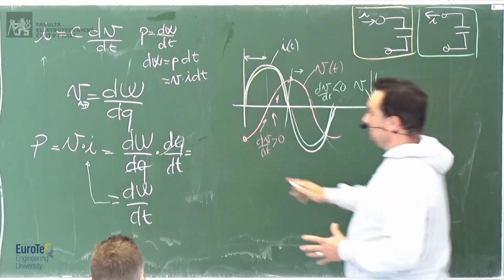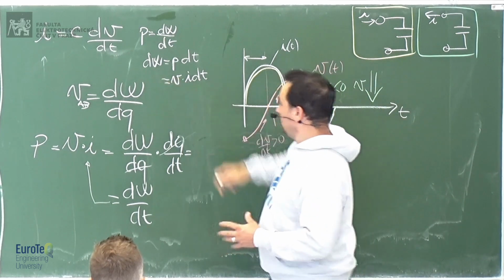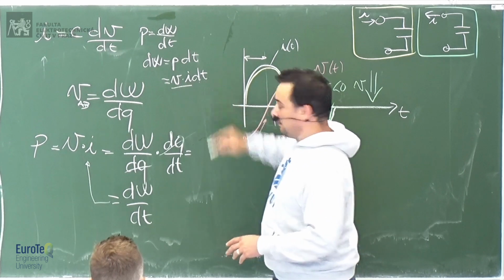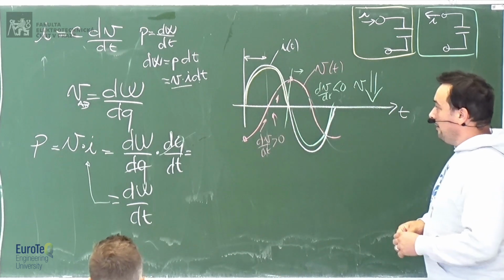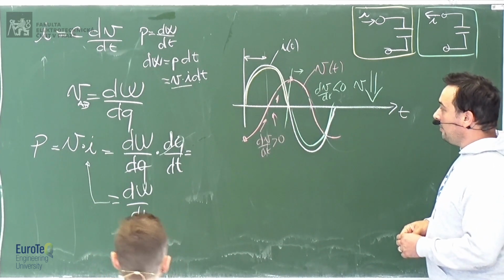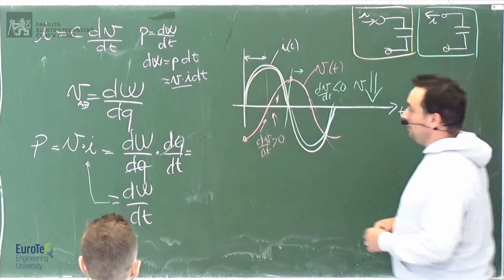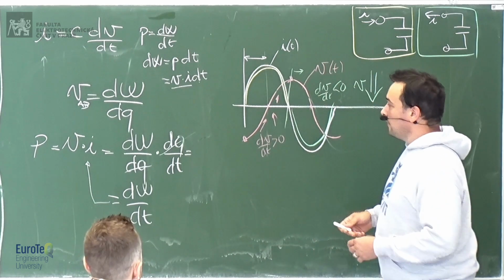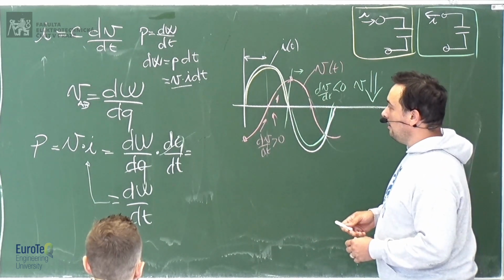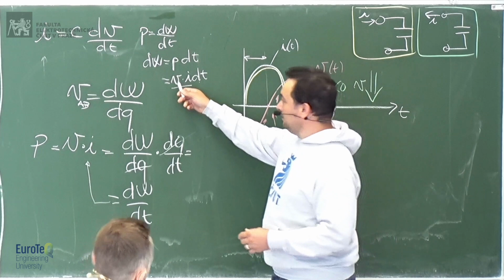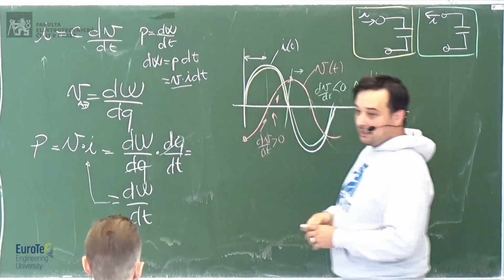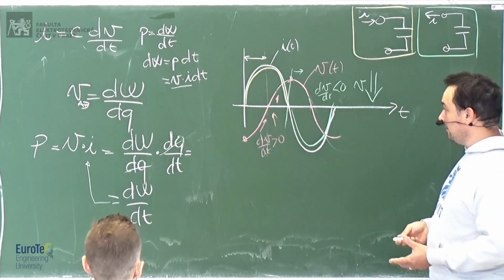So you have the elementary work, which is VI dt. It means that if you give some energy in, you have voltage times current, which is positive.